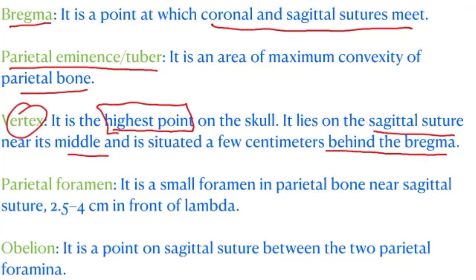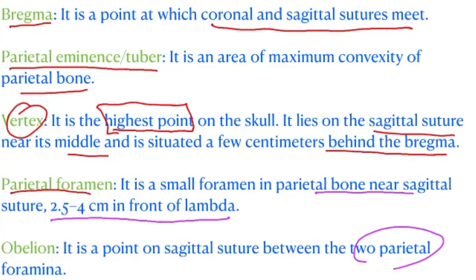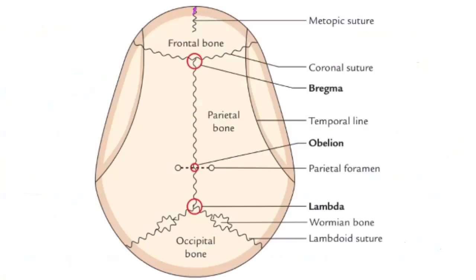Parietal foramen. It is a small foramen in the parietal bone near the sagittal suture in front of lambda. Obelion. It is the point on the sagittal suture between the two parietal foramina. Right? So this is the coronal suture and this is the sagittal suture. The point between them is called bregma, right?